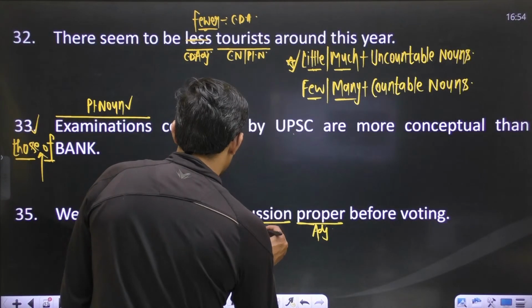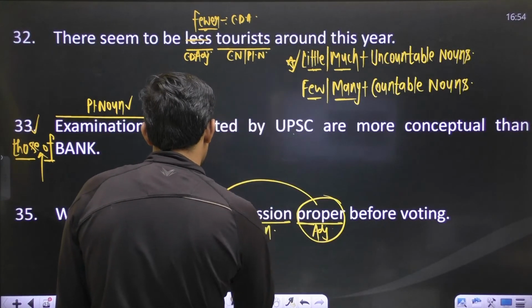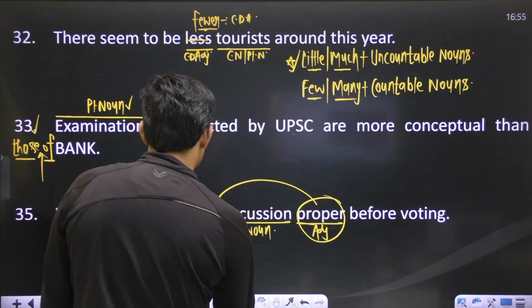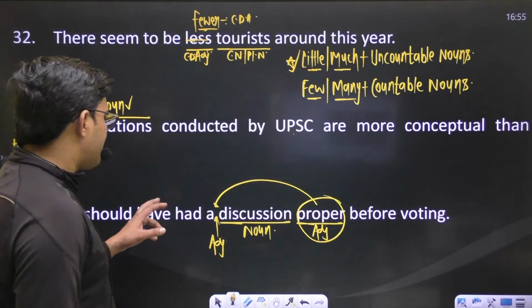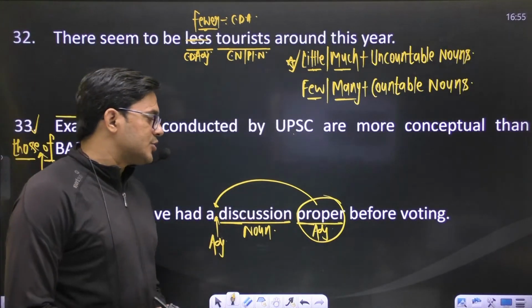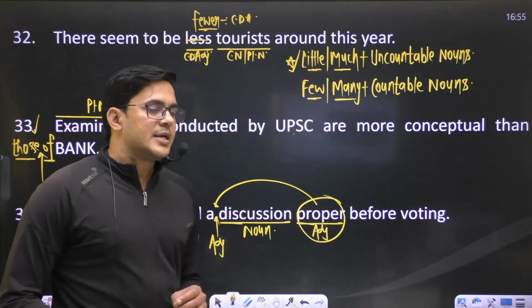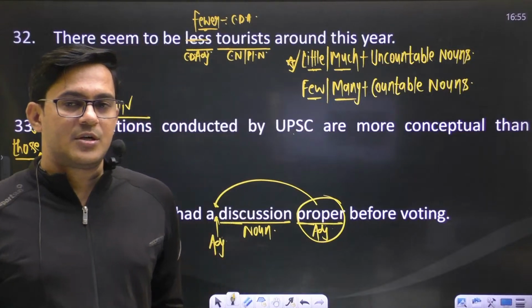If you use it here, if you speak like we should have had a proper discussion before voting, the meaning of proper discussion, meaning of proper, is you can say exact or right discussion.